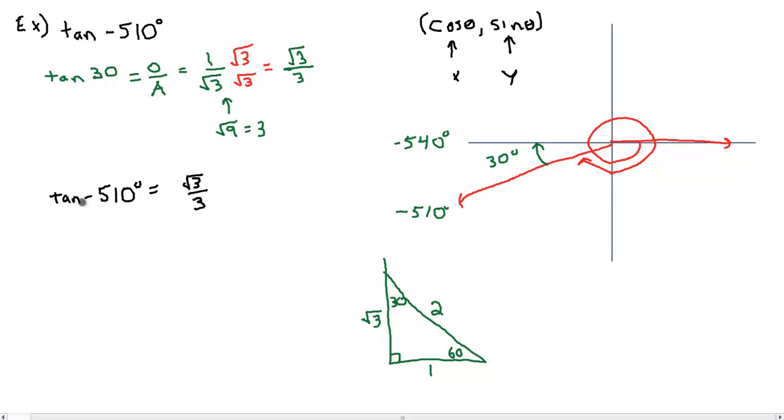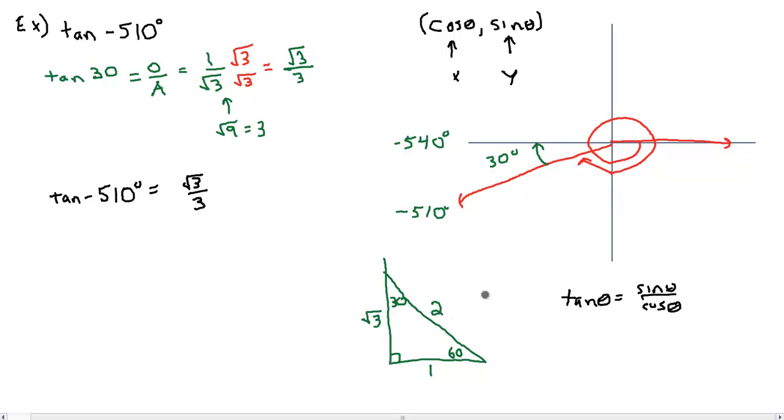So tangent of negative 510, you're like, well, that's not cosine or sine. Well, we do know that tangent of theta is equal to sine of theta over cosine of theta.